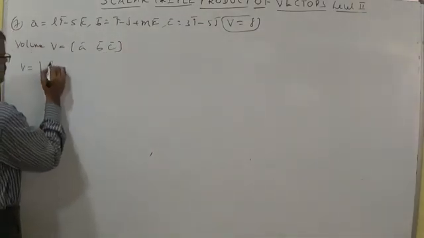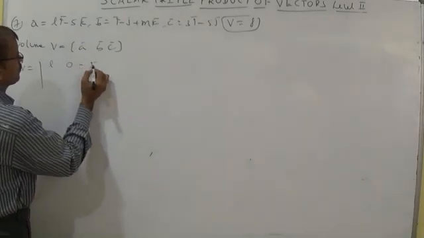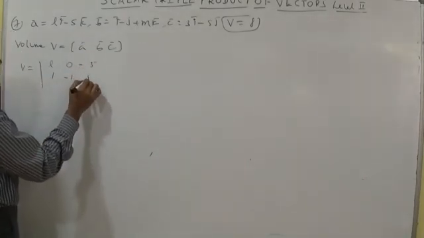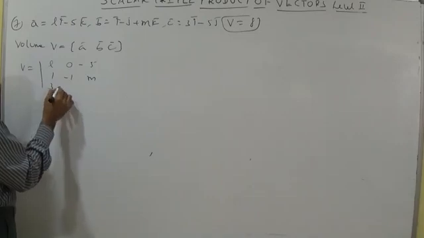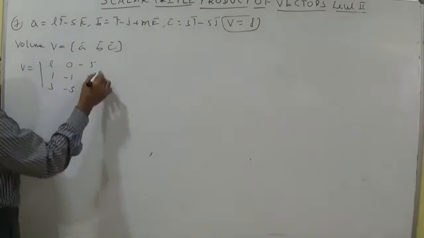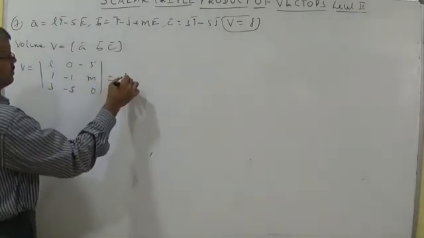So here you write L, 0, minus 5, then 1, minus 1, M, and 3, minus 5, 0, is equal to 8.